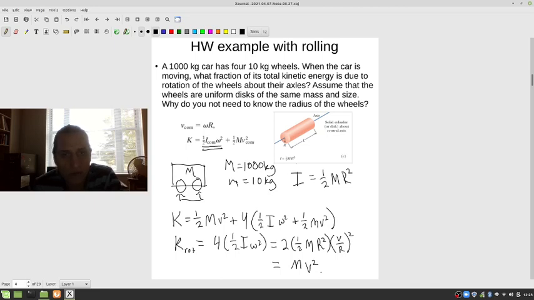Okay, so that's why you don't need to know the radius of the wheels. It's just that the r in the angular velocity and the r in the moment of inertia turn out to cancel in this case.